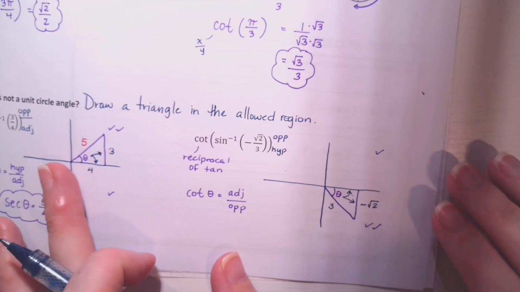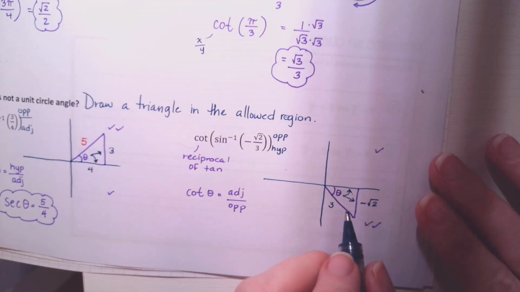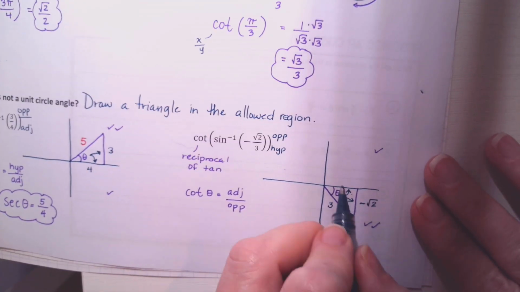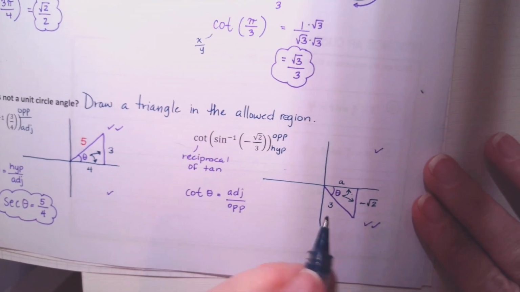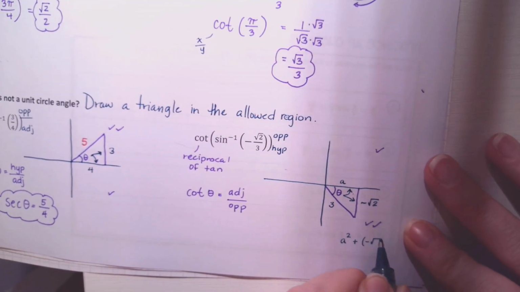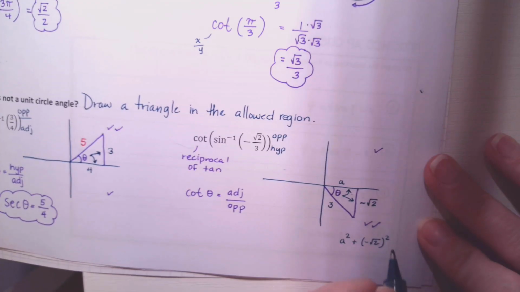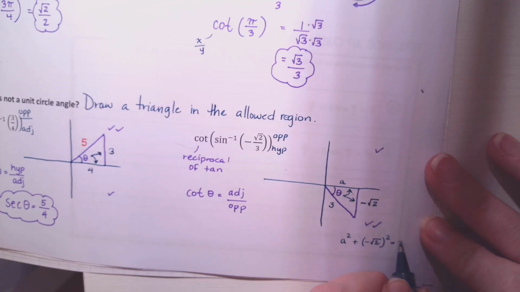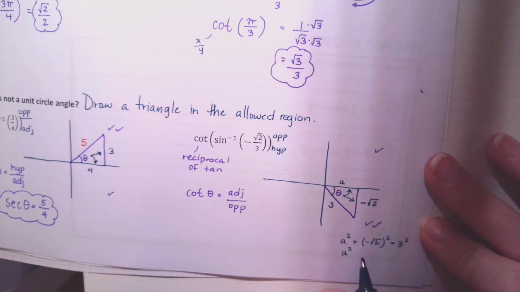I'm going to do a little Pythagorean theorem down in the corner to find my adjacent side. I'm going to call it A for adjacent side. So we'll have a squared plus negative root 2 squared equals my hypotenuse squared, which is 3 squared. So that's a squared. If you square a negative, it's going to turn positive, and if you square a square root of 2, it's going to turn into a regular 2.